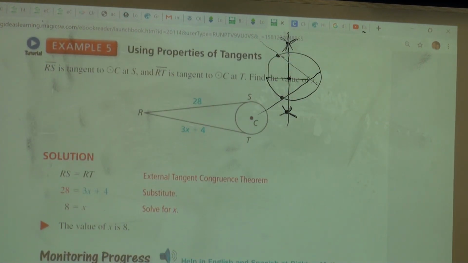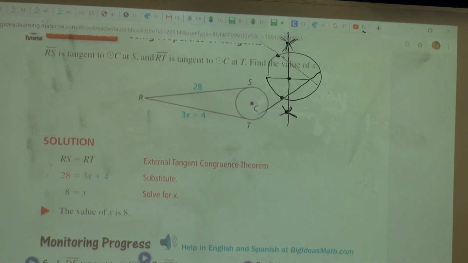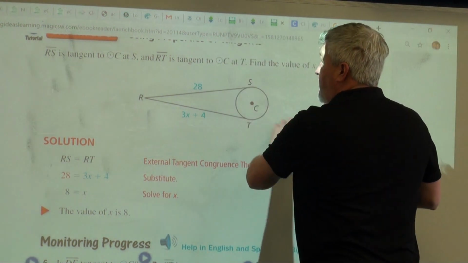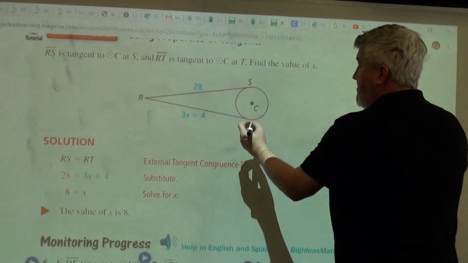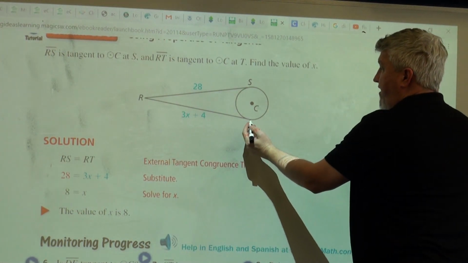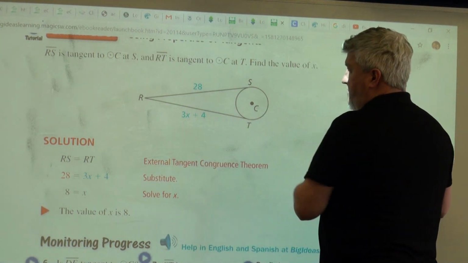Using properties of tangents. Last thing we're going to do. RS, I got to erase. There it is. RS is tangent to circle C at S, and RT is tangent to C at T. Find the value of x.